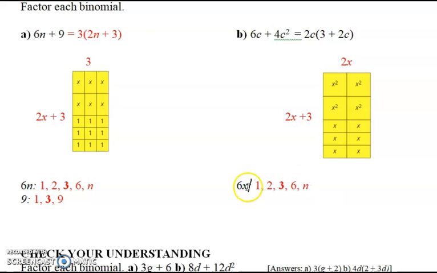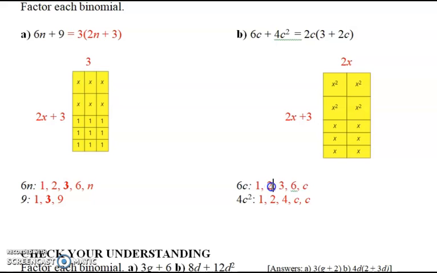So for the first one, 6c is 1, 2, 3, 6, and c. Alright, and then we've got 4c squared. And those factors are 1, 2, 4, c, and c, because there's 2 c's, so you list the c's twice.